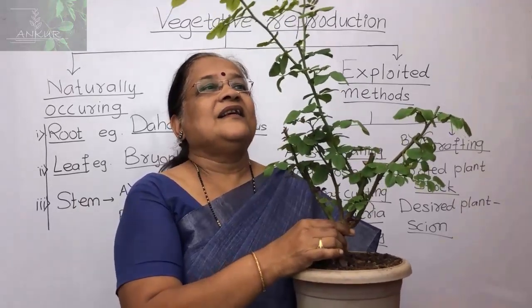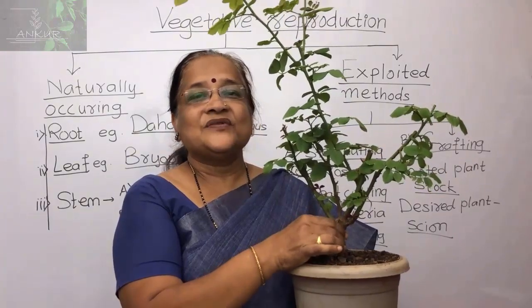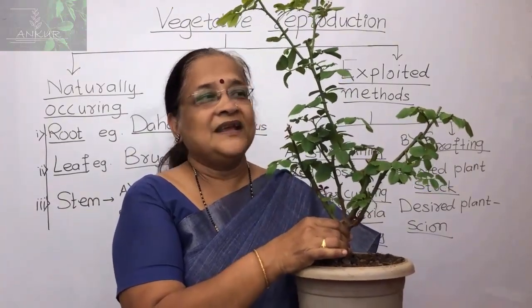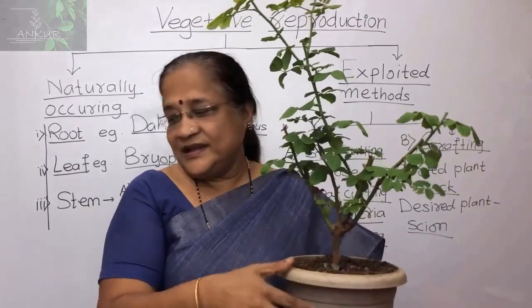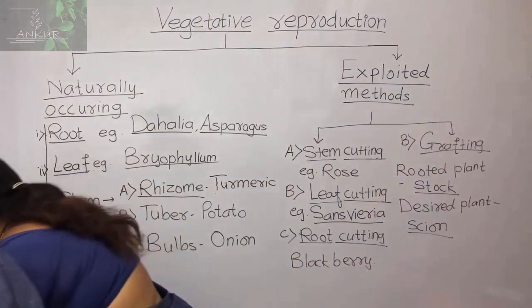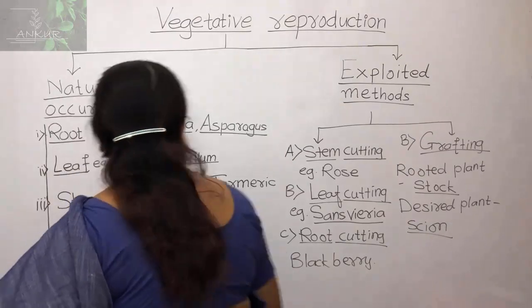These two characters we are going to mix by using the grafting method. So in that, generally the stock and scion are there.